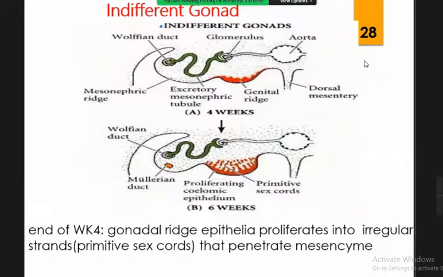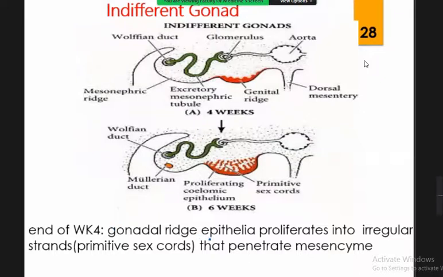So in this indifferent gonad, the gonad cannot be phenotypically distinguished between male and female.